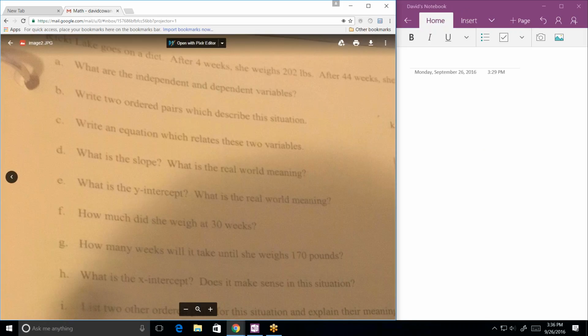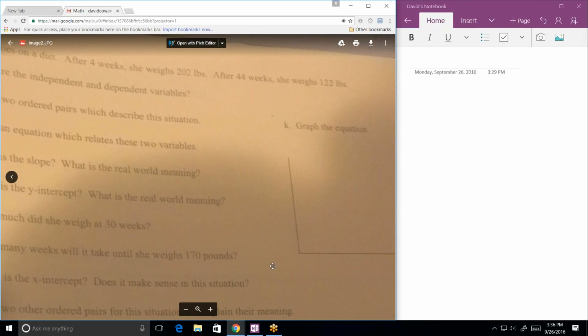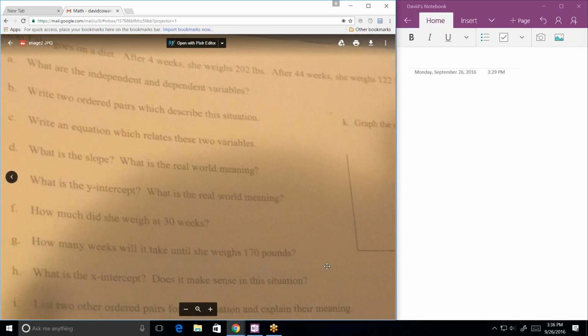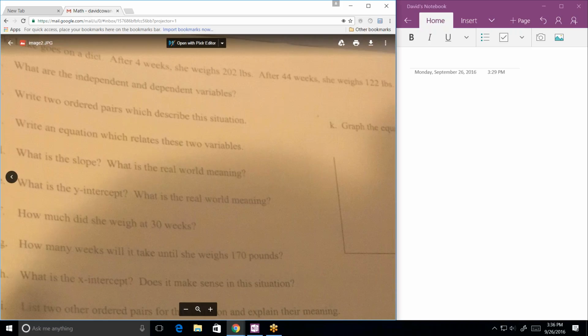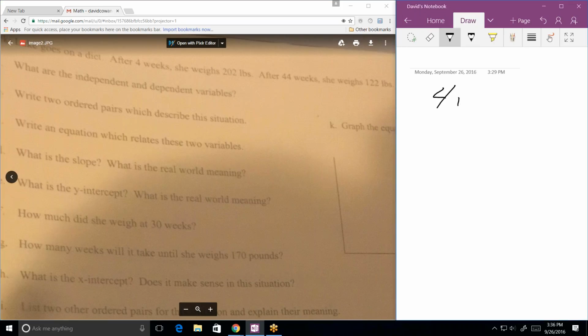So this Ricky Lake, used to be a famous person, goes on a diet and doesn't say what her initial weight is, but after 4 weeks, she weighs 202, and after 44 weeks, she weighs 122. So she clearly is losing weight. What are the independent and dependent variables?